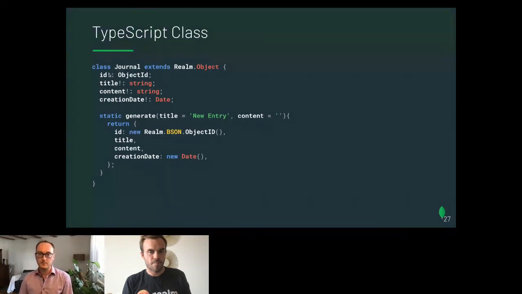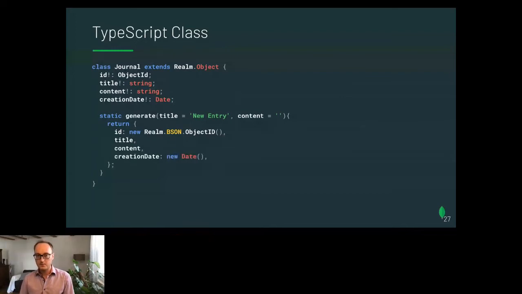This is an example of a journal from my previous schema definition here. What's important to notice is that you have to add this exclamation point. This is just telling TypeScript that something else is going to be defining how these properties are being set, which Realm is going to be doing for you.